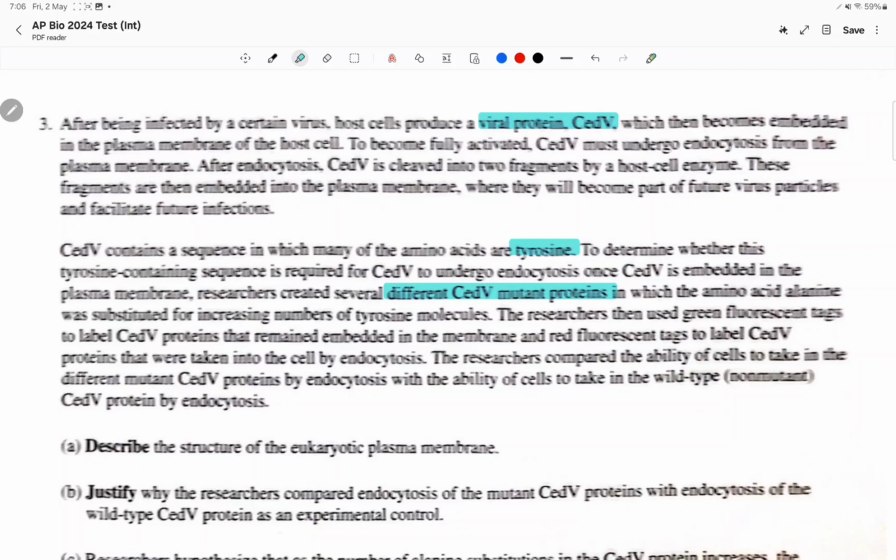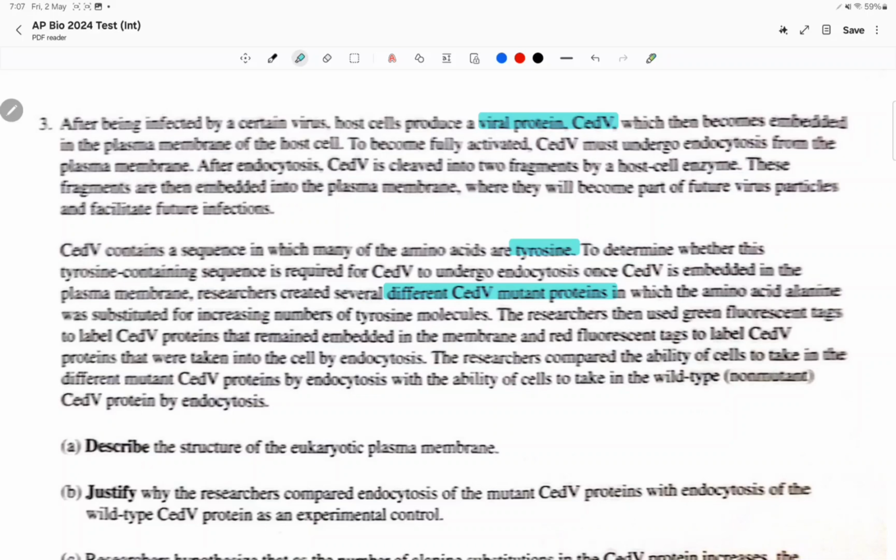The researchers then used green fluorescent tags to label SETV proteins that remained embedded in the membrane, and red fluorescent tags to label SETV proteins that were taken into the cell. So red means in the cell, green means on the membrane.